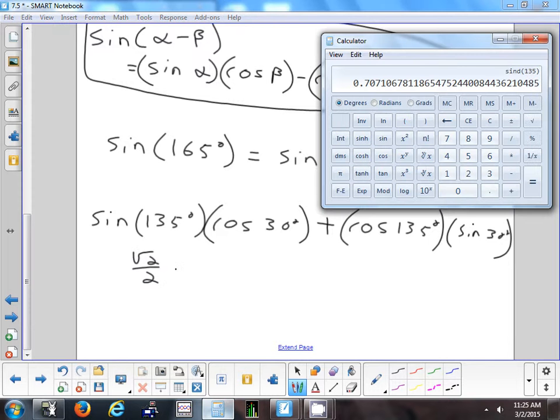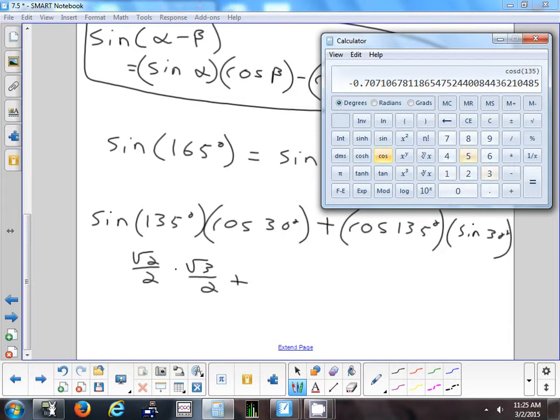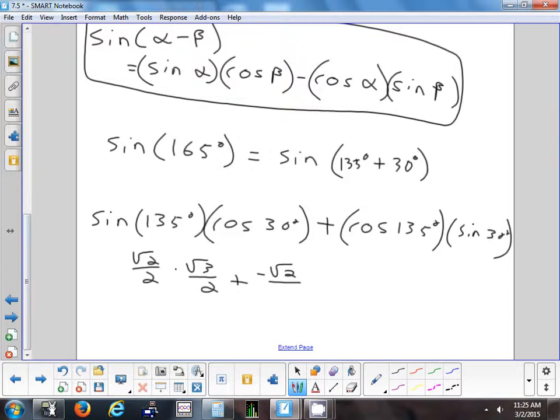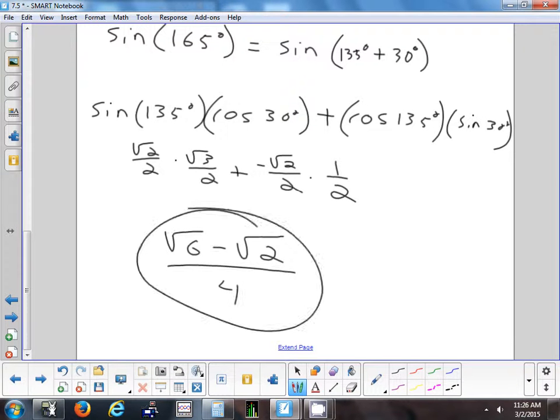Cosine of 30, that's your root 3 over 2. Cosine 135, negative 0.707, so that's negative root 2 over 2. And sine of 30 is 1/2. So you finish it up, you do all that out, you're going to get square root of 6 minus square root 2 over 4. The square root of 6 and square root of 2 come up a lot because you're combining square root 2's and square root 3's.